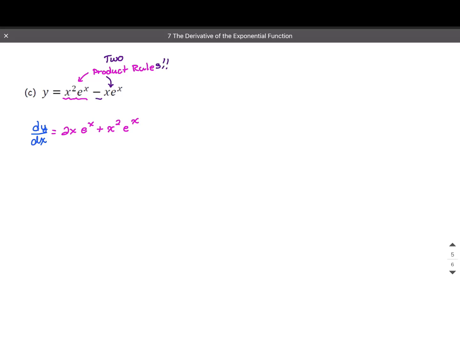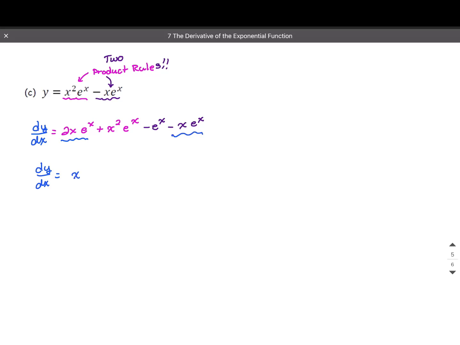So here, we're going to take the derivative of negative x, which is negative 1, keep the second part, e to the x. Keep the first part, negative x, times the derivative of e to the x, which is e to the x. Okay, now let's see, can we combine like terms here? dy dx equals, I have an x e to the x, and here's an x e to the x.